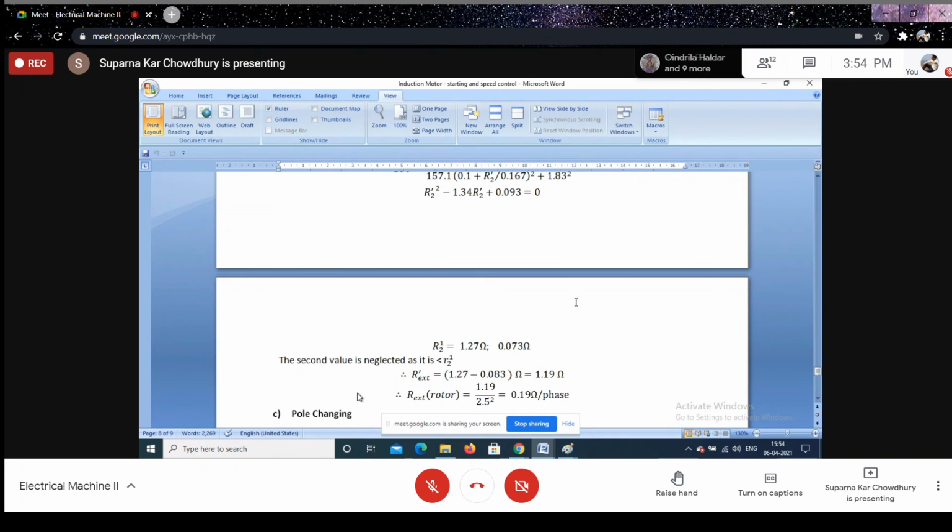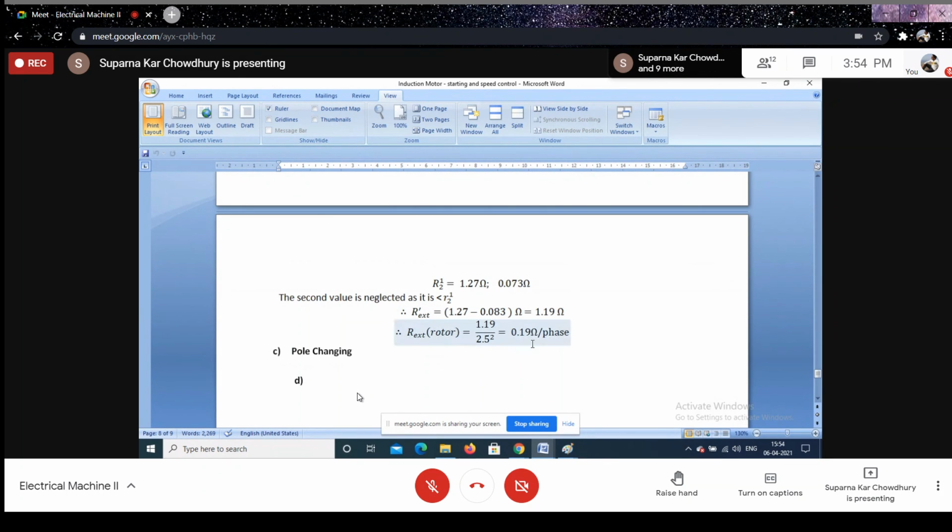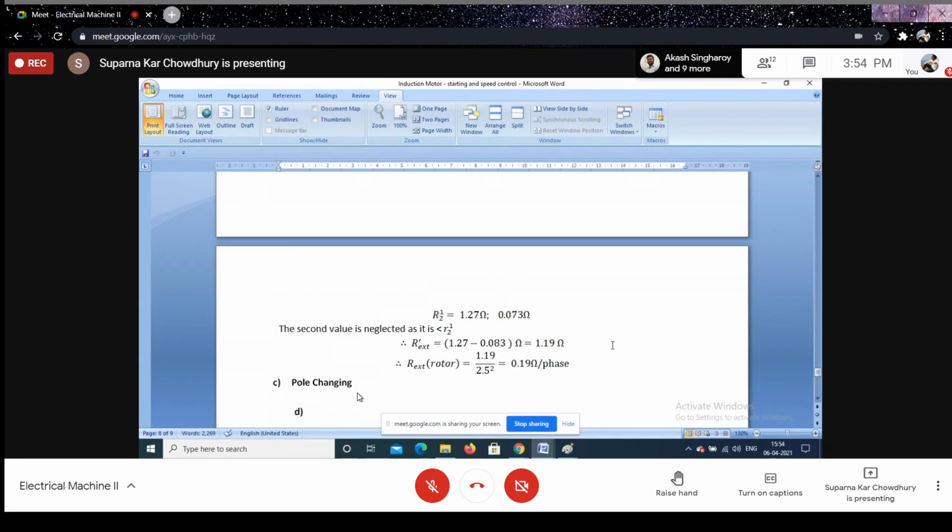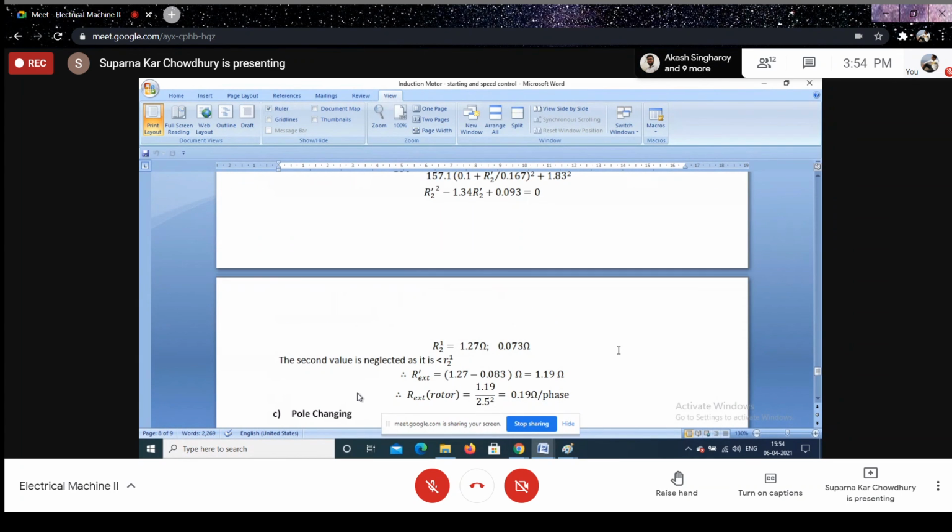When you go for the study of drives you will study this, because all of this requires power electronic circuitry. We have seen that if we can change the frequency, the synchronous speed will change, and frequency changing requires power electronic circuitry.